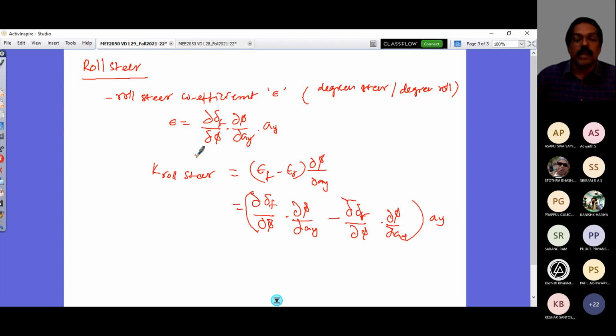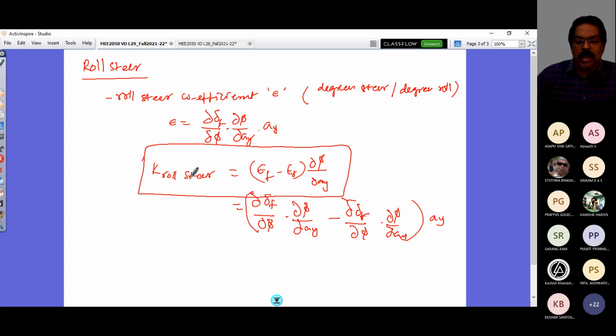So now you may question what I have here. This coefficient, if I substitute, I get this, and hence this is your roll steer effect. This is your steer gradient change.